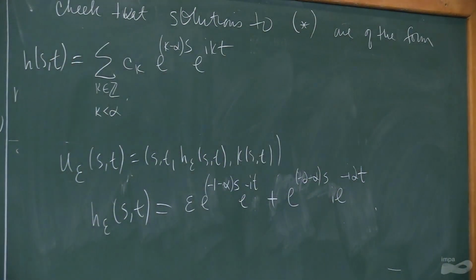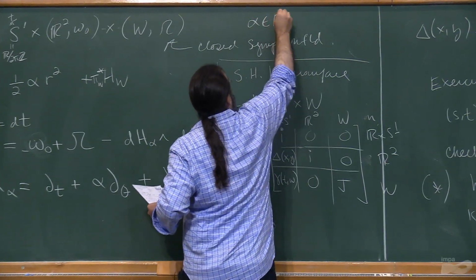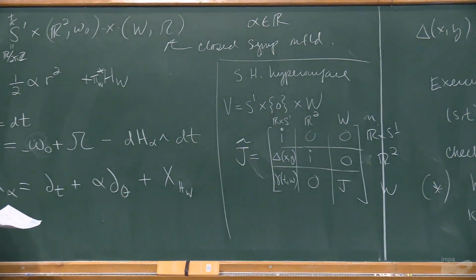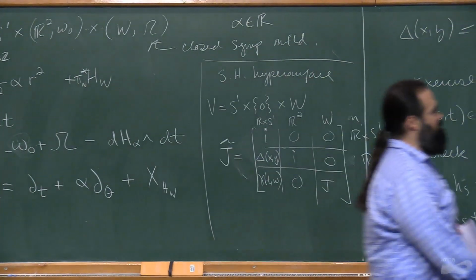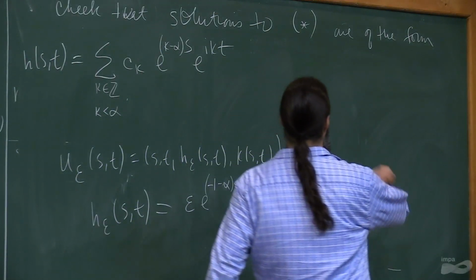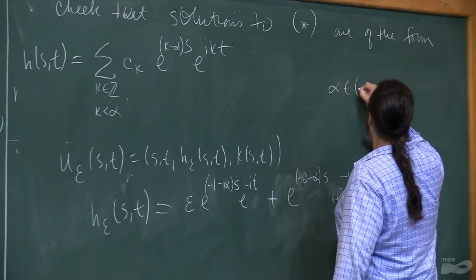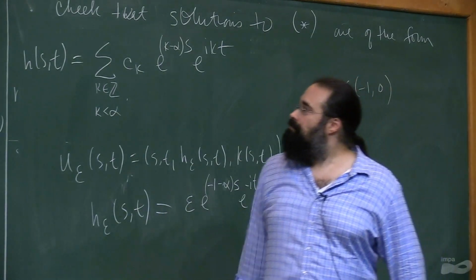And now I want to count intersections of u with v. It's just a parameter. Yeah, it's just a parameter. Alpha is in R. I could just pick a number, and for this example, I think it'd be nice to say it's between -1 and 0, but it doesn't really matter.